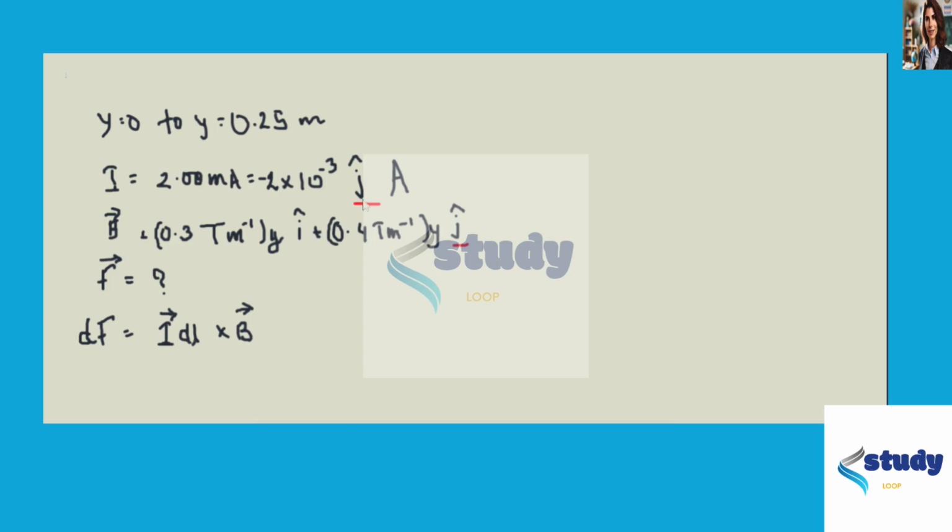So if it is I cross B, then j cross j will be 0, and the only term left will be this cross this.